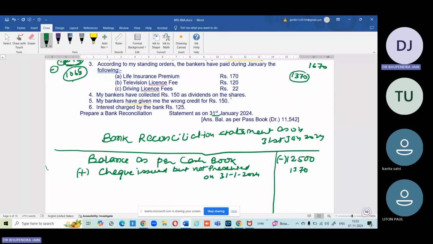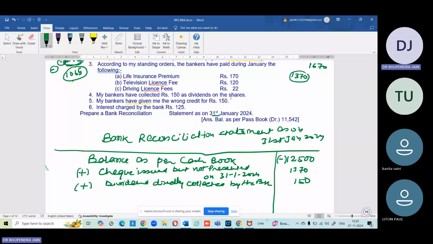That's why we have to add. Dividend directly collected by the bank. How much? 150. Next.